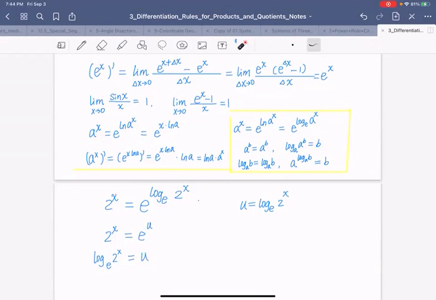This guy is exponential format. If you want to write this in the log format, you put this on the base and put this over here. Log base e of 2 to the power x just equals u. Just like what you do here. 2 to the power 3 is 2 to the power 3. So log base 2 of 2 to the power 3 is 3. Does this make sense?